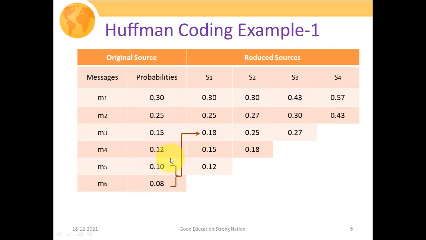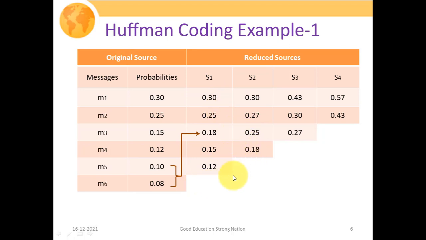When we analyze all these probabilities again, in this S1 step, that 0.18 comes at the third place in decreasing order of probability. The rest remain the same: 0.30, 0.25, then 0.18, which is greater than 0.15 and 0.12. So we have again maintained a hierarchical list.